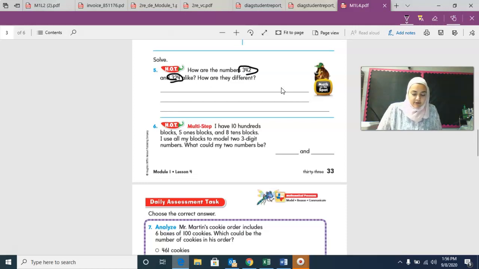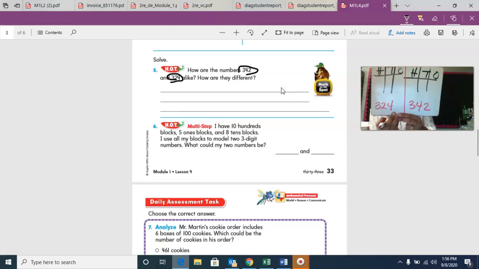And then I have another one with ones, tens, hundreds. Again, you don't have to write out ones, O-N-E-S. Just write O-T-H, ones, tens, hundreds. If you want to write the whole thing out, you can. And then it says, how are the numbers alike? So we're looking at two numbers, 342, and the other one is 324.